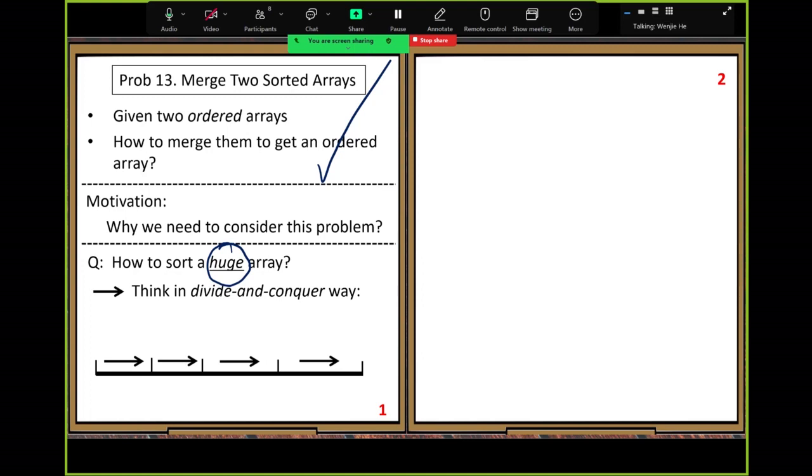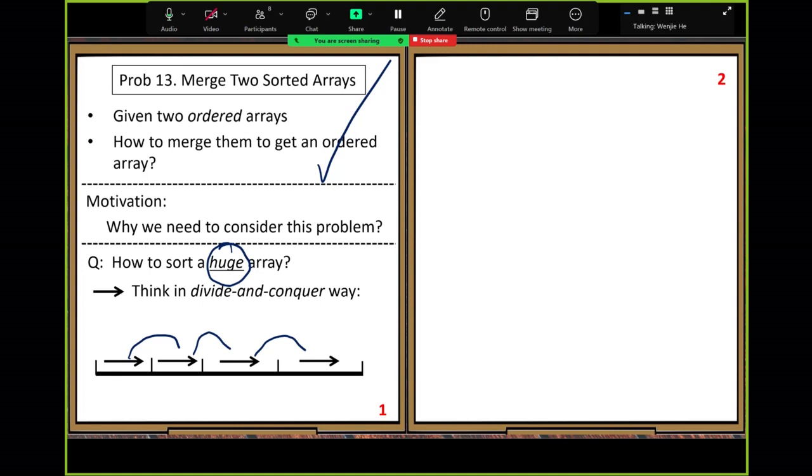We need to run our new algorithm to merge them. You can follow any order to merge them, because you have many choices.